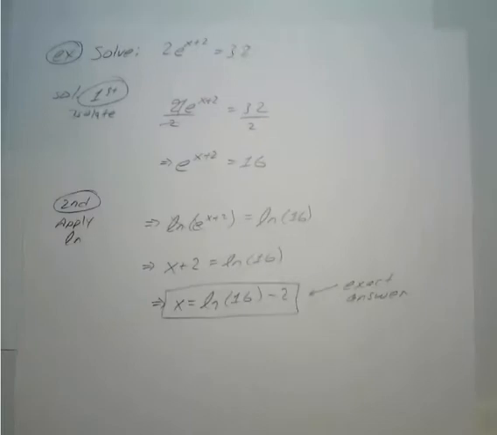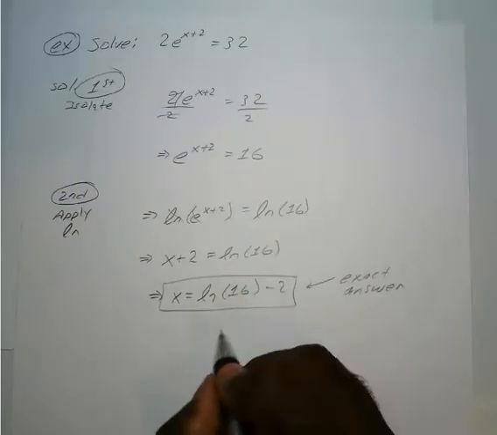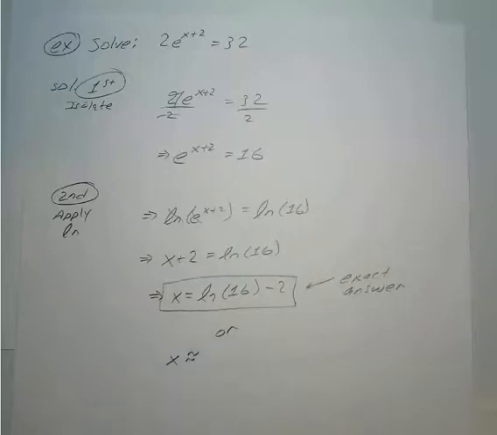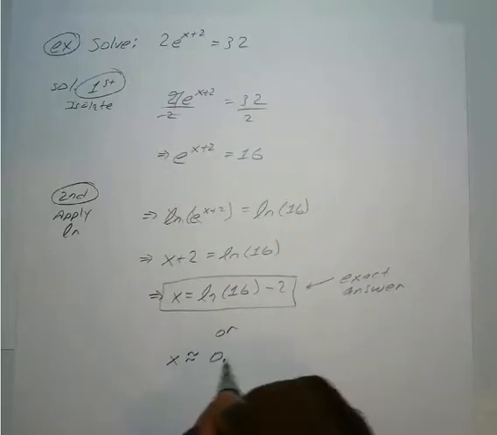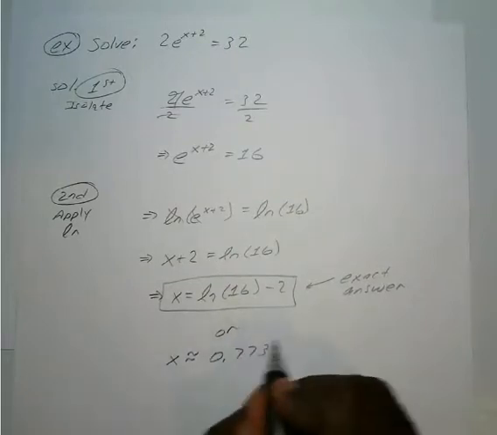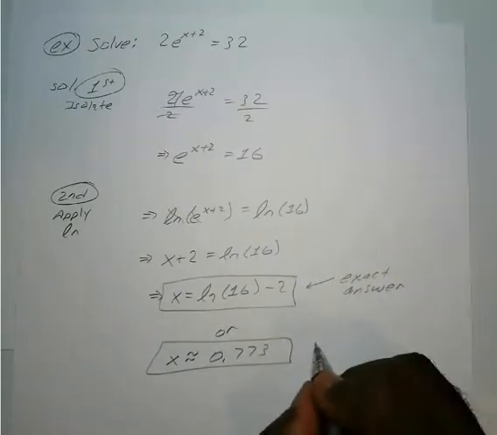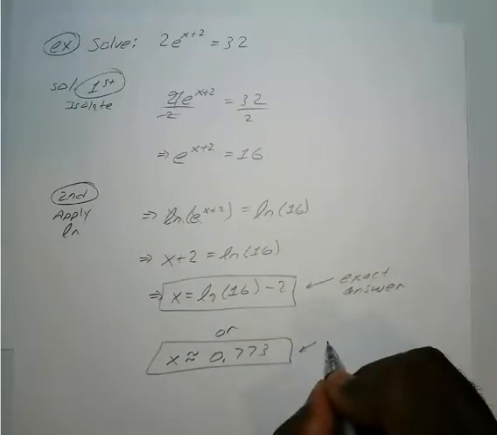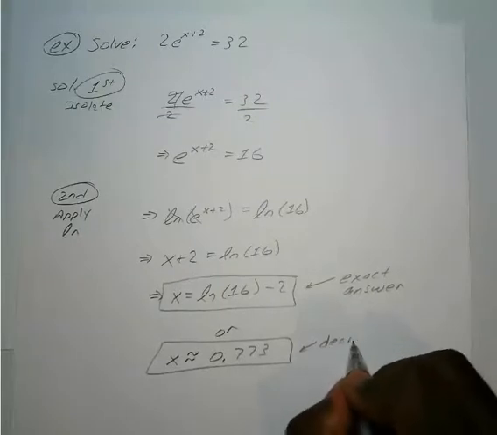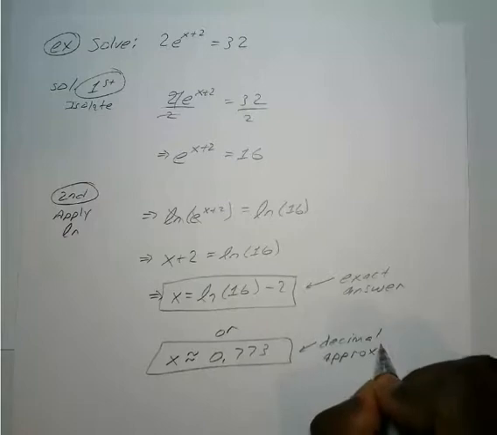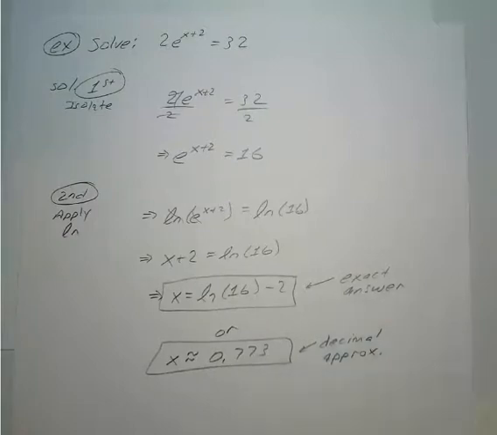But if we plug that into a calculator, we'll end up with an approximate value of x equals 0.773. So that's your decimal approximation.